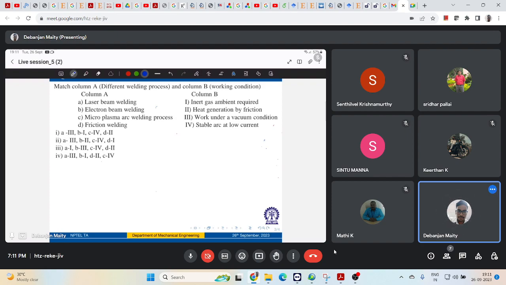Yes, controlling the peak power. So you're basically varying the peak power over some pulse on time, right? Yes, sir. Okay, sir.